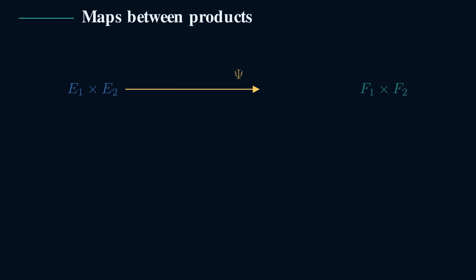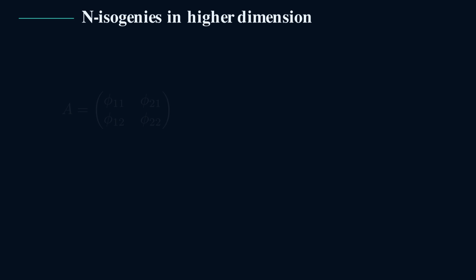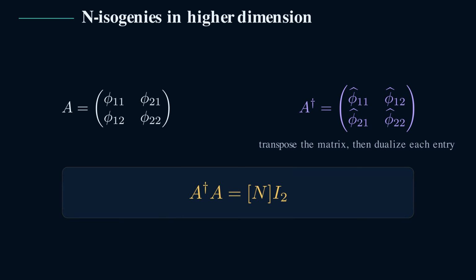A homomorphism between two products of elliptic curves can be written as a matrix. The first output coordinate combines a map from E1 to F1 with a map from E2 to F1. The second coordinate does the same for F2. If we place the input points into a column vector P, the entire map is simply A times P. The dual of a matrix map is obtained by transposing the matrix and replacing every entry by its dual isogeny.